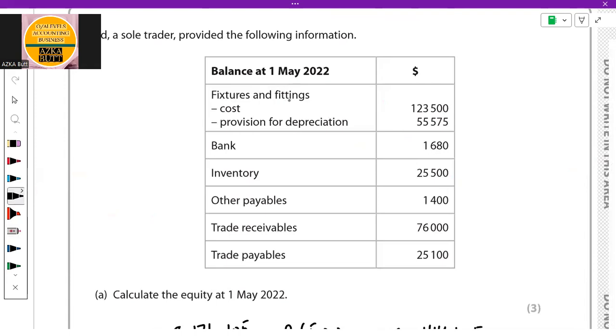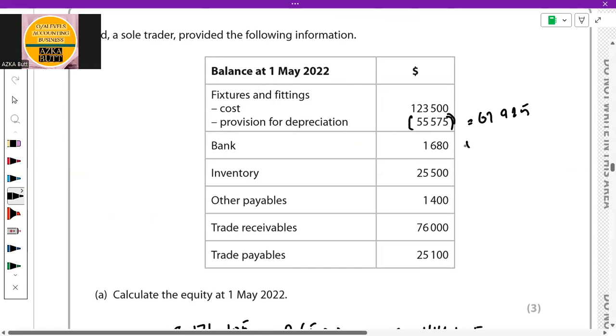We have the fixture and fittings, and its cost is 123,500, and its provision for depreciation is 55,570. So now deduct this amount from the cost because we have to find out its net book value. So you will have 67,925. And now we have bank.